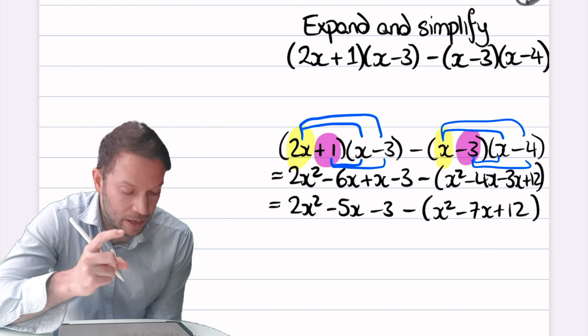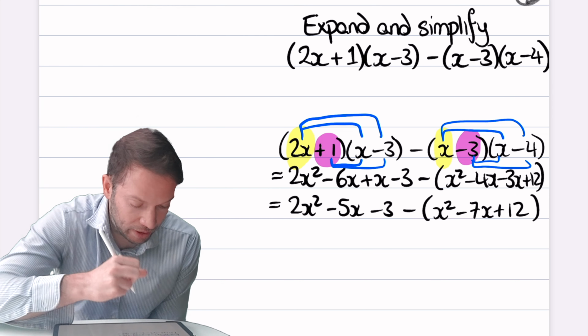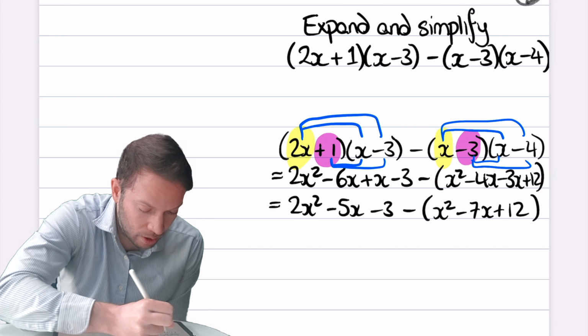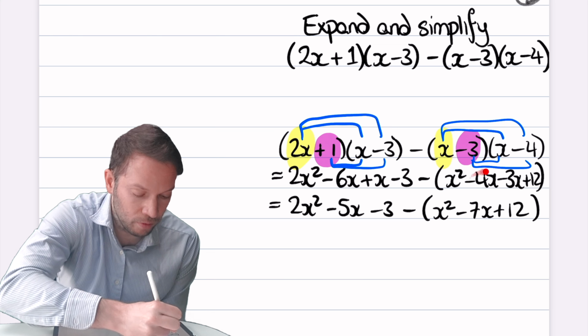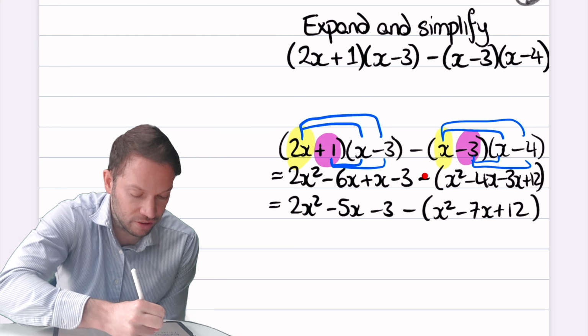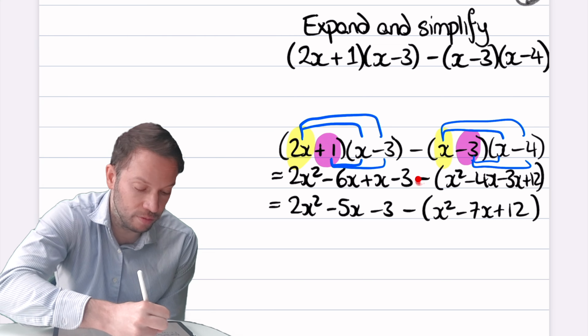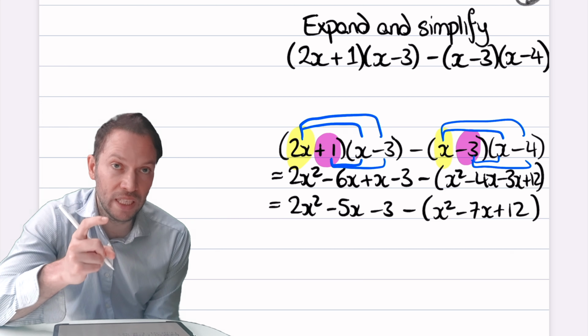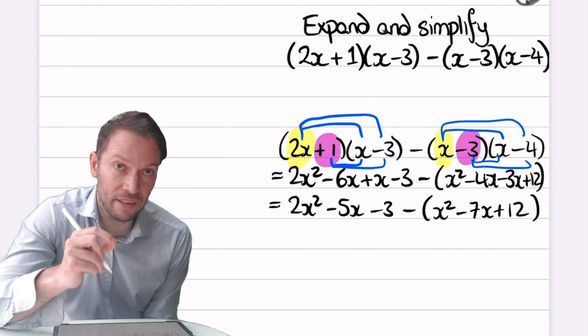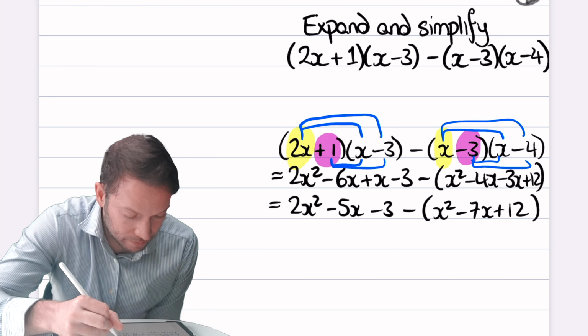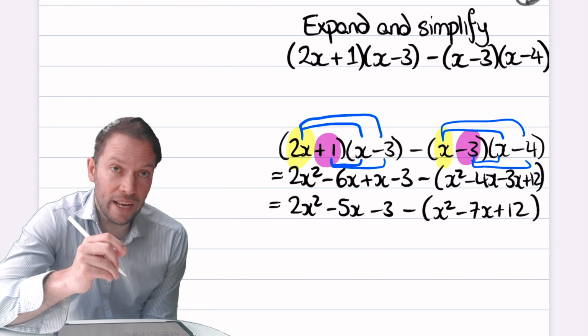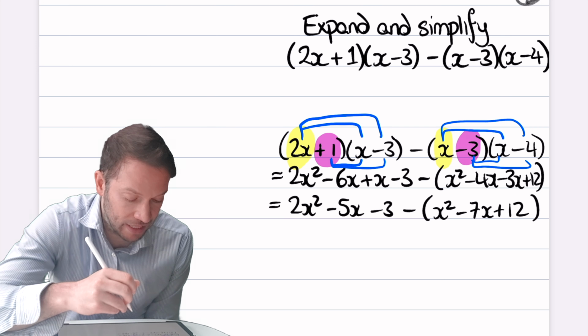If I didn't have that bracket, I would have probably got it wrong, because I would have ended up just doing minus x squared and probably minus 4x minus 3x, when actually you're subtracting the minus 4x and you're subtracting the minus 3x. So we need that bracket whenever we're subtracting something that we're expanding.